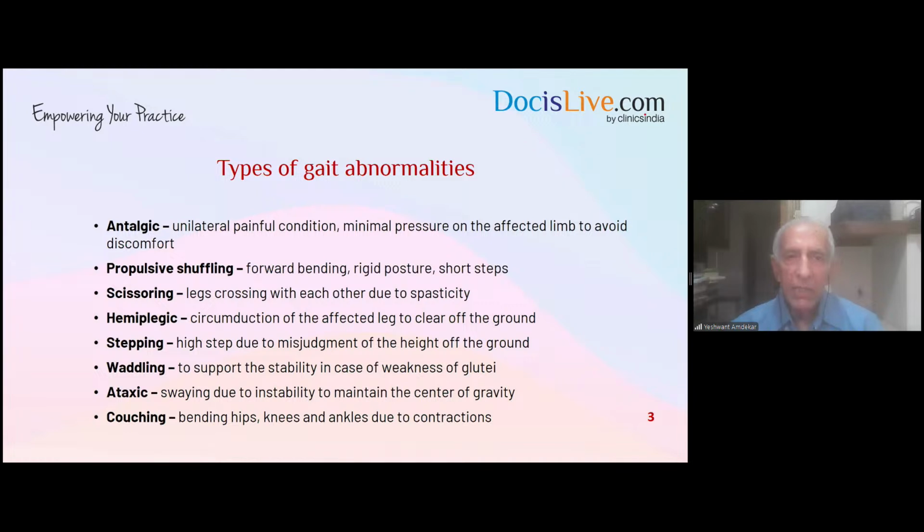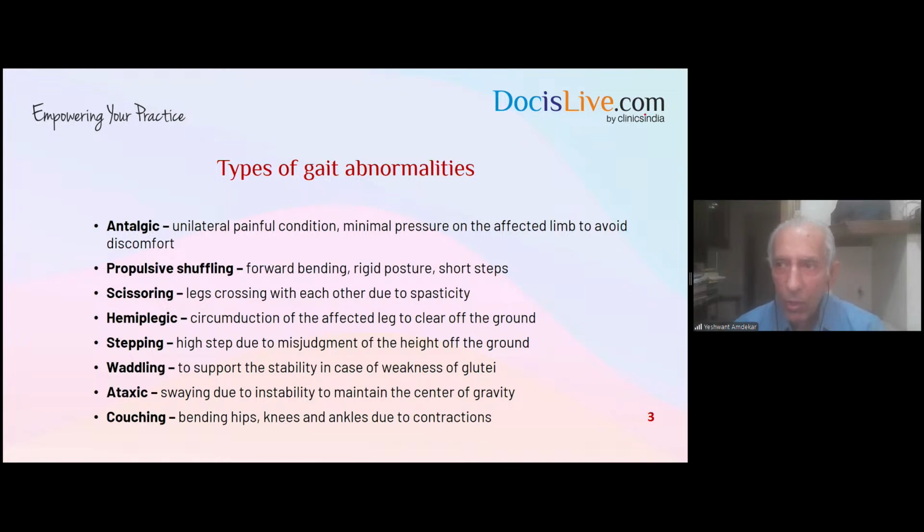Now, these are the different types of gait abnormalities. I'm sure all of you must have seen these kinds of abnormalities sometime or other. The first and the most common is the antalgic gait, which means a painful limb. Usually it is unilateral, and typically a patient with a limp uses very minimal pressure on the affected side to avoid the discomfort.